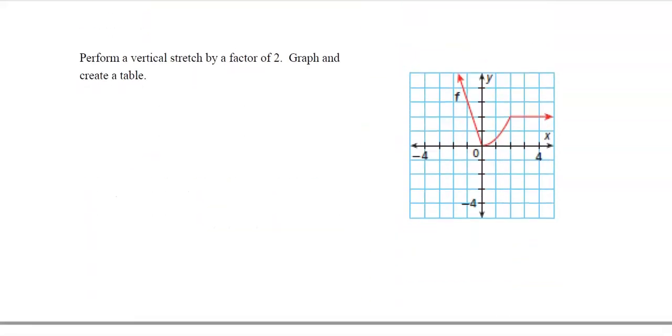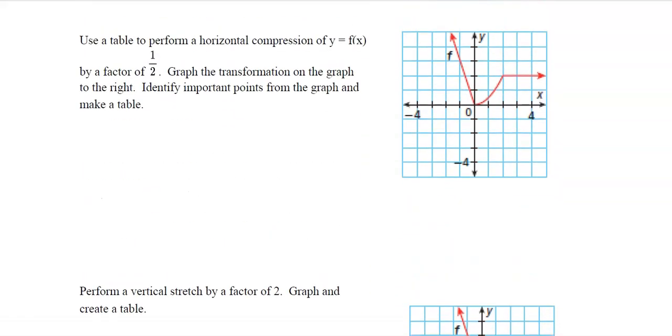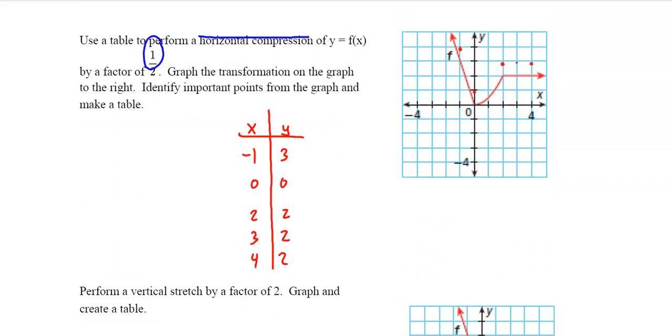So if I come back down, right here, we need to manipulate horizontal compression. So we need to shove everything in horizontally. So we need to smash it kind of from this direction. So we're going to affect the x's. So we need to multiply the x's by, and then in this problem they want us to multiply all x's by 1/2.